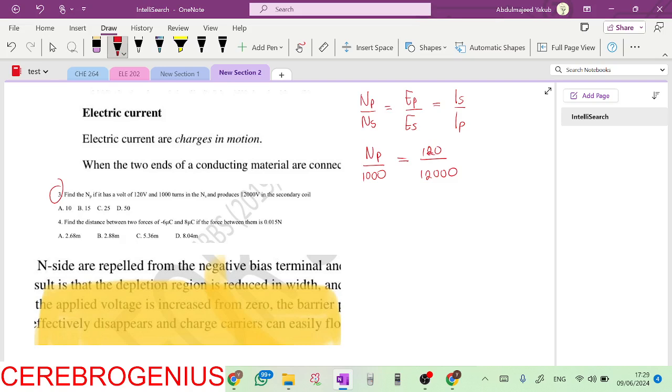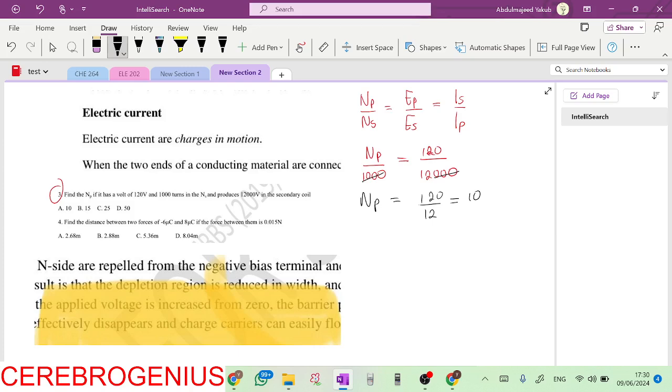So you solve this, you cancel out 1000. So we get the number of turns in primary to be 120 divided by 12, and that is 10. So it has 10 turns in the primary.